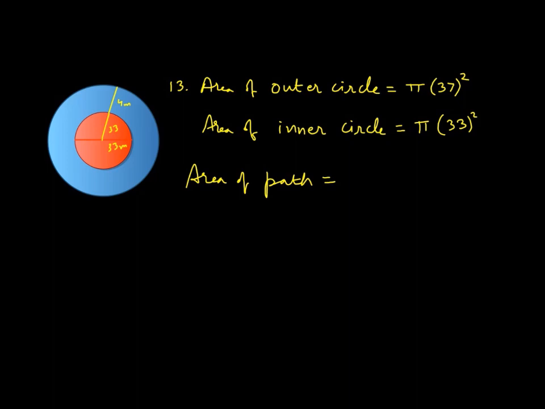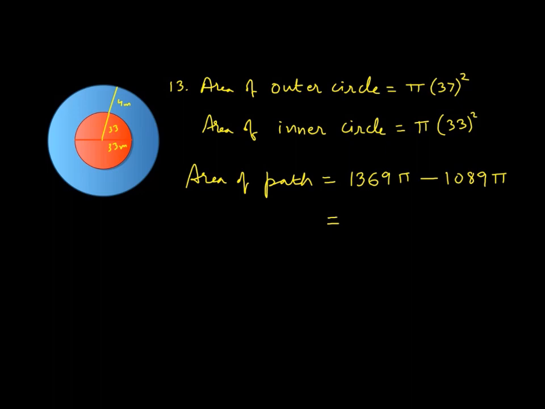Here 37 square will be 1369 into pi minus, now I am here not putting the value of pi because this 1369 will not be a multiple of 7. We will first write the areas of these two circles in terms of pi only, then after subtraction we'll check whether the coefficient of pi is a multiple of 7 or not.